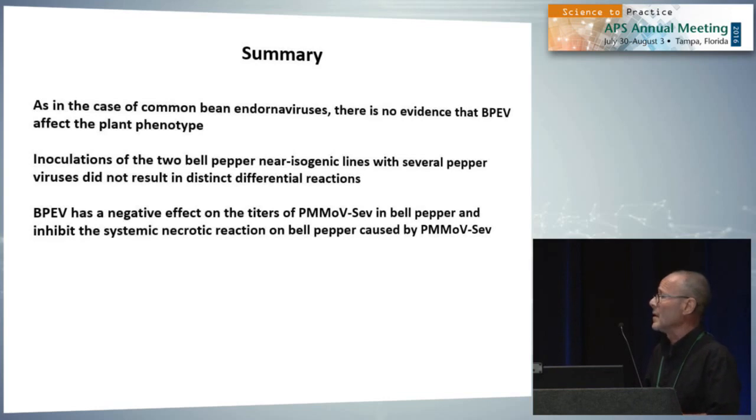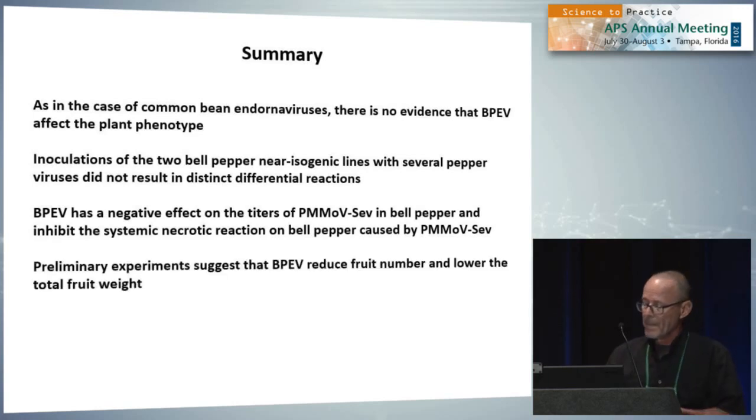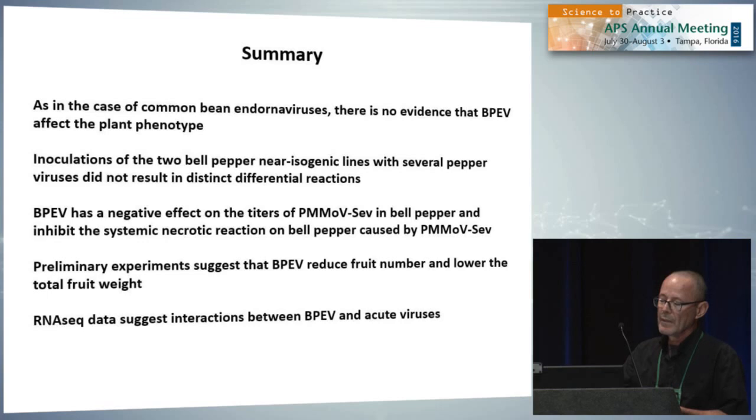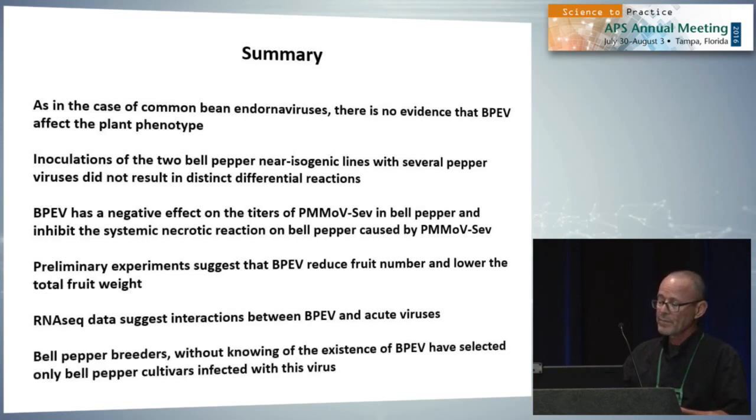One thing that we noticed is that bell pepper endornavirus has a negative effect on the titers of pepper mild mottle virus. In preliminary experiments regarding the yield, it appears that the endornavirus apparently affects the plant, lowering the yields. And RNA-seq suggests quite a bit of interaction between bell pepper endornavirus and acute viruses.